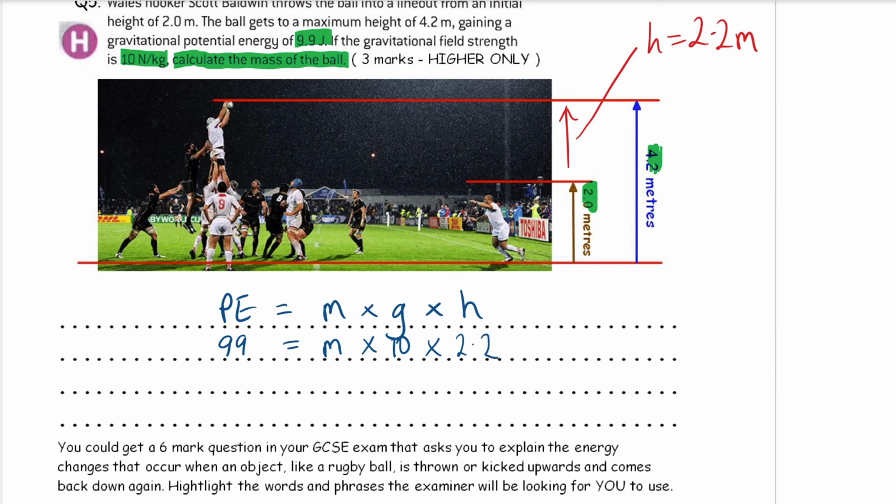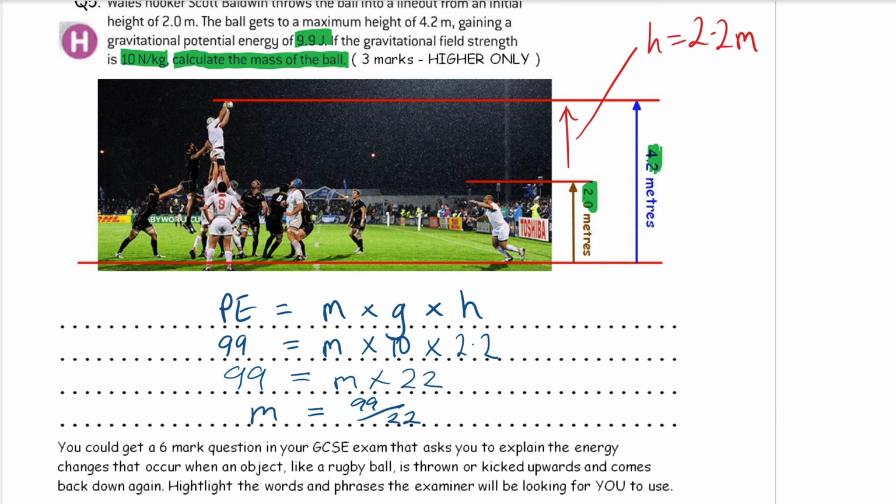Now, from here on in, the physics is done. Now it's the maths. So on the right hand side, 10 times 2.2 is 22. Mass equals 99 divided by 22.